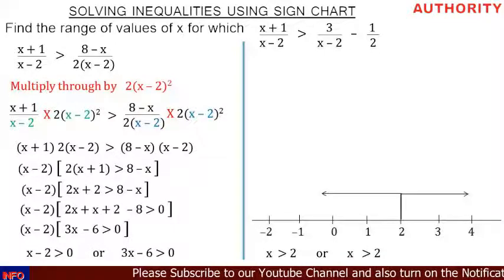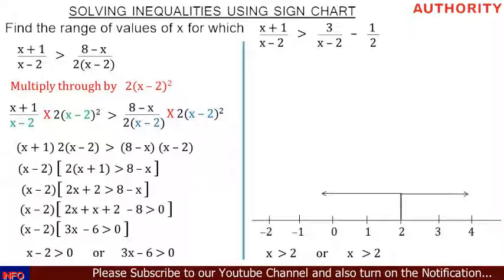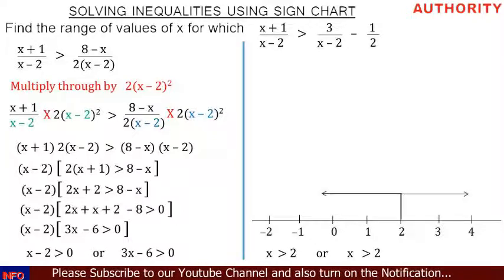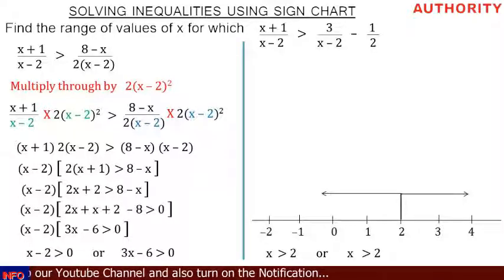Identify the 2 on the number line. Draw your arrow up. Now, from 2, you draw an arrow forward, and from 2, draw an arrow backwards. That means we are having just 2 ranges of values.